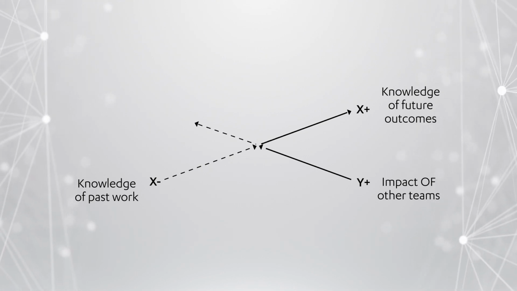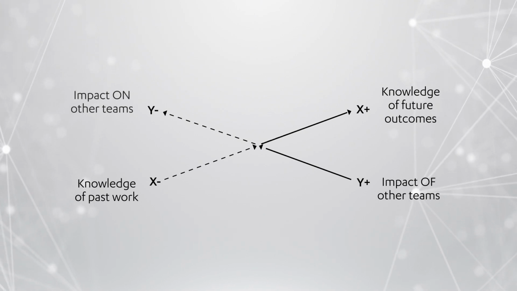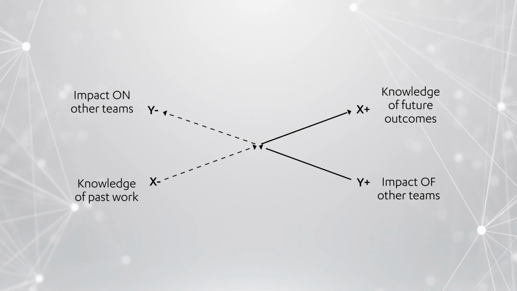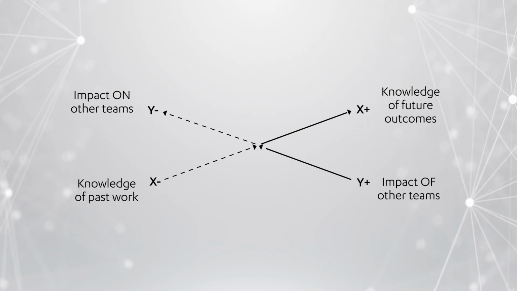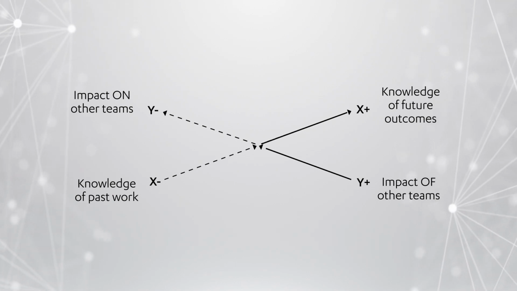Likewise, as we are carrying out our work, it in turn impacts other teams. And so their ability to have visibility into what we are doing may affect their ability to carry out their own work and to deliver their own results.